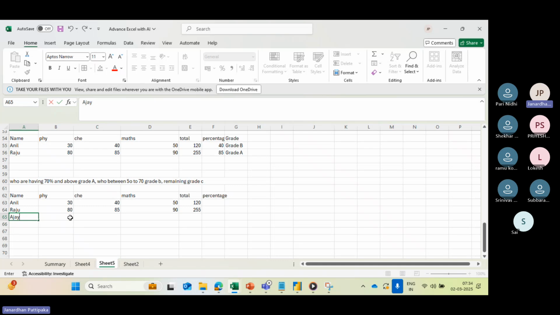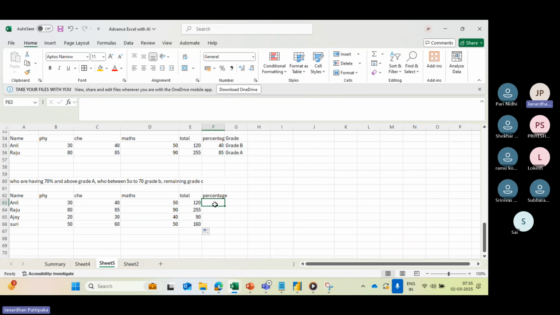For this Ajay also, I will take he got 20, 30, 40 marks. I will take Suri, got 50 marks, 60 marks, 50 marks. So if I want to find the total, just click on Alt equal to, you will get the total. Or you can simply drag it over.